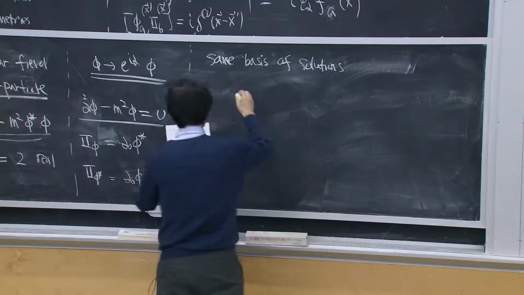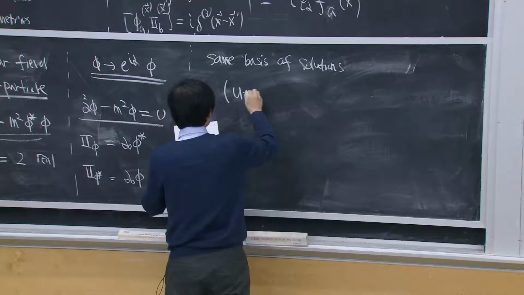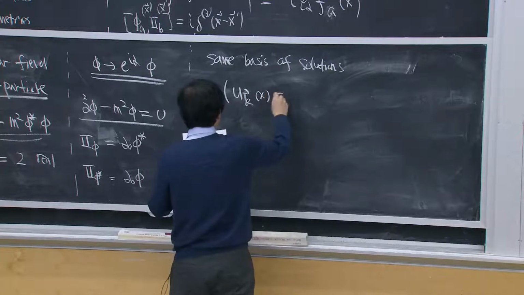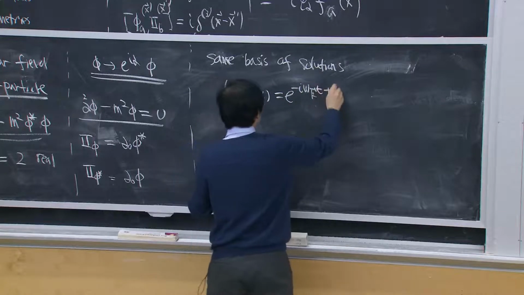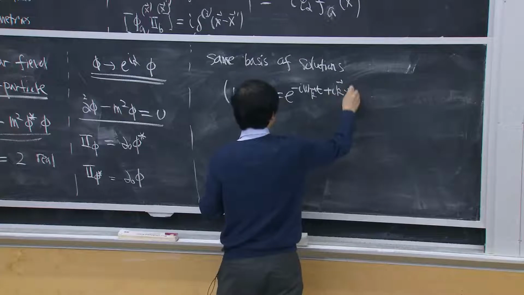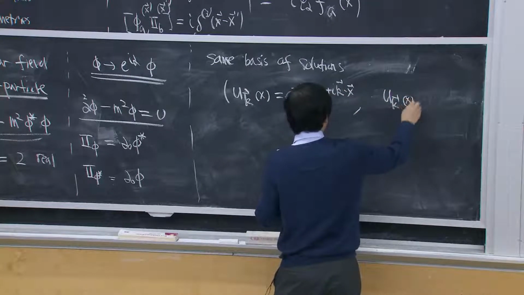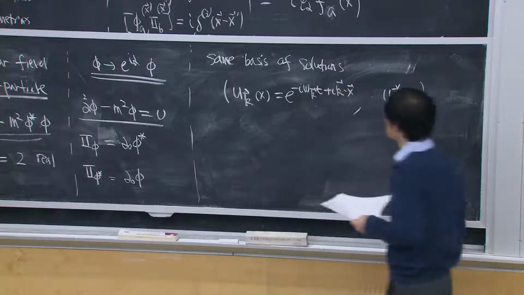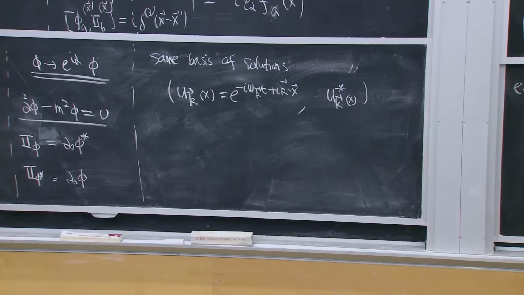We just have u_k(x) equal to e to the minus i omega_k t plus ikx, and then you have u_k(x) star. Because it's the same equation, the basis of solutions is of course also the same as before.